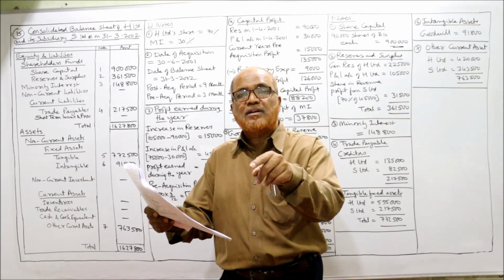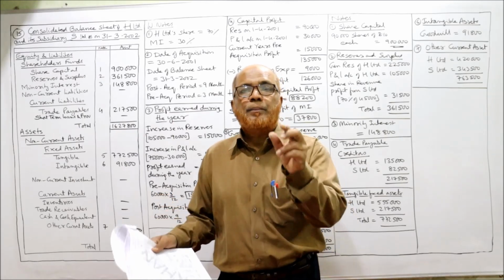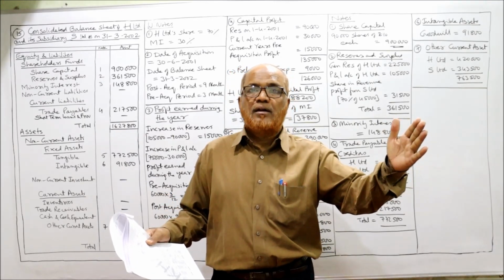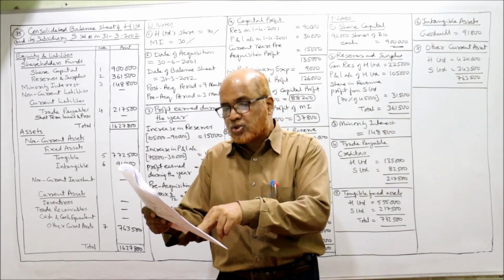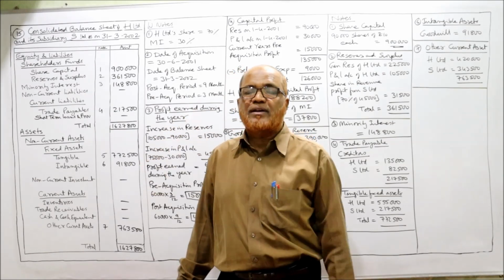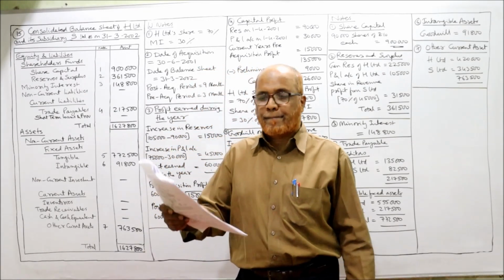How much is the profit at the beginning of the year? Here it is given, 30,000. The P&L account shows a balance of 30,000 at the beginning of the year, and at the end of the year it has increased to 75,000. So from 30,000 to 75,000, 45,000 rupees profit earned during the year.